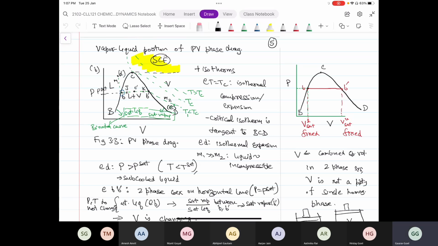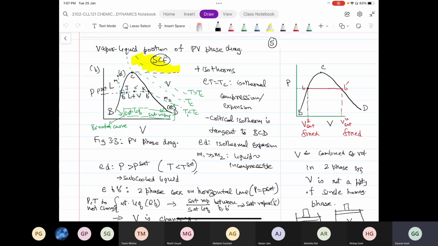As for why the shape is different: for all points between D and B, the state is a subcooled liquid, and for all points from B prime onwards, the state is a superheated vapor. The two have different equations of state.